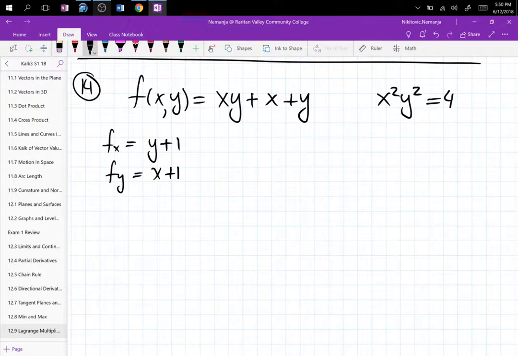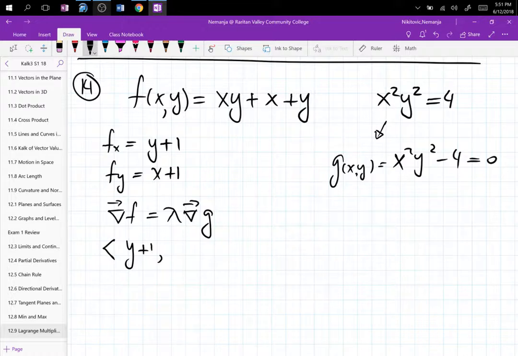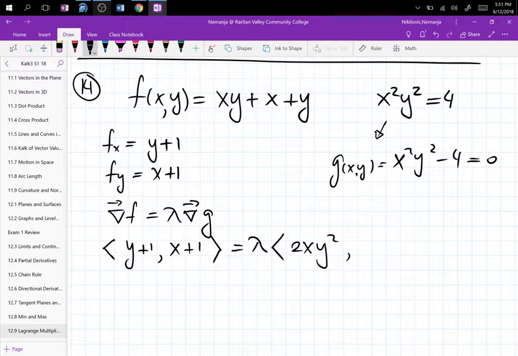So now I need to write my g of x y as x squared y squared minus 4 equal to 0. So now I have to compile del f equal lambda del g. So the partial derivatives of f are y plus 1 and x plus 1, equals lambda times the partial derivatives here, 2 x y squared and 2 x squared y.